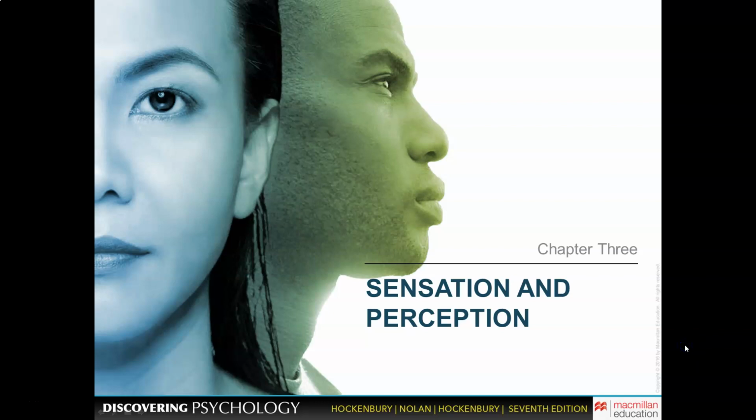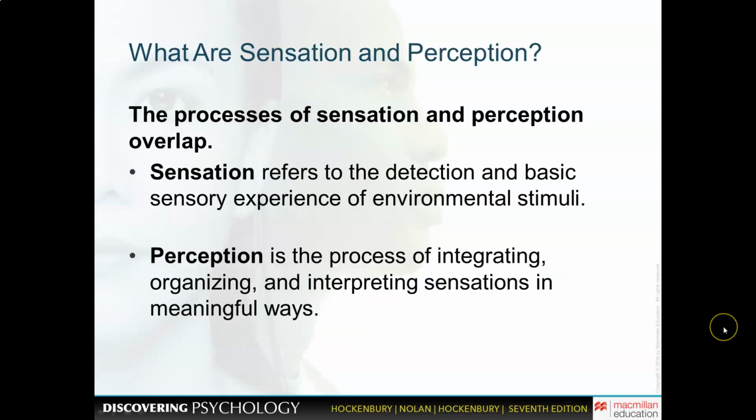So in this chapter, we're going to take a look at sensation and perception. First of all, we need to understand the difference between sensation and perception. Sensation refers to the detection and the very basic sensory experience of environmental stimuli.